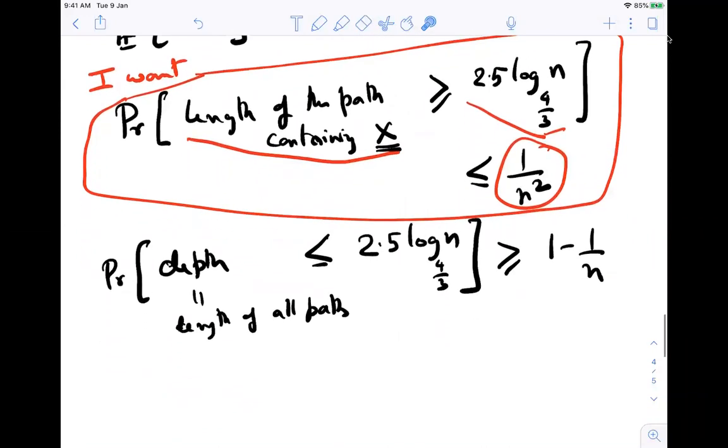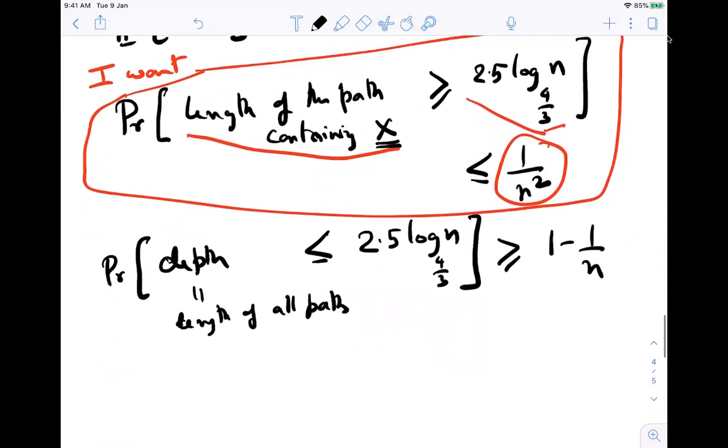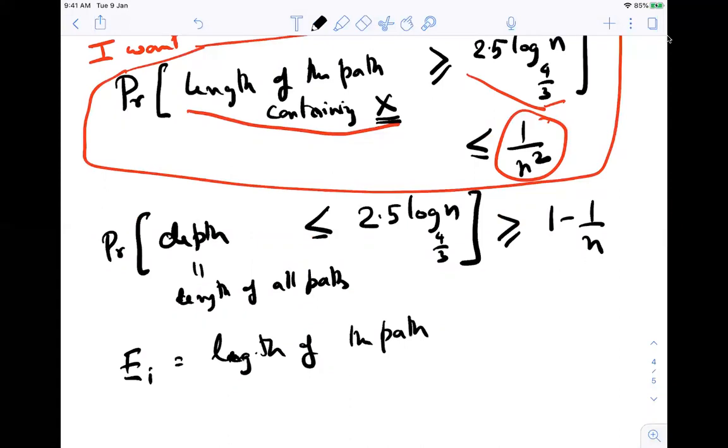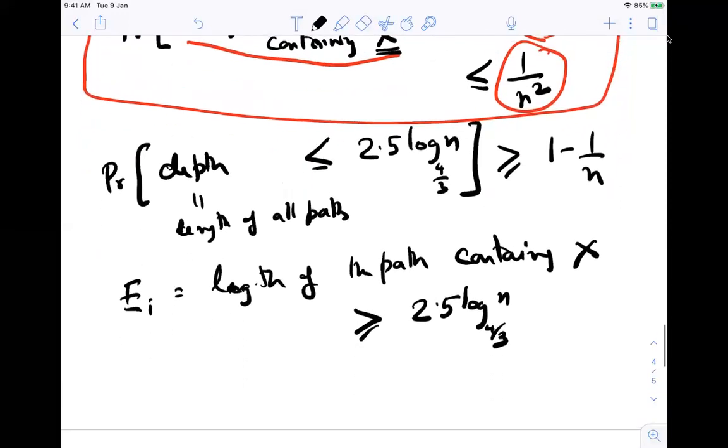So this is an event, okay? If I call this one an event, the event E_x is that the length of the path containing x is more than 2.5 log n base 4/3. So this is the event, right?